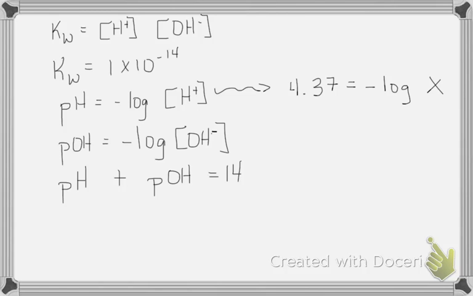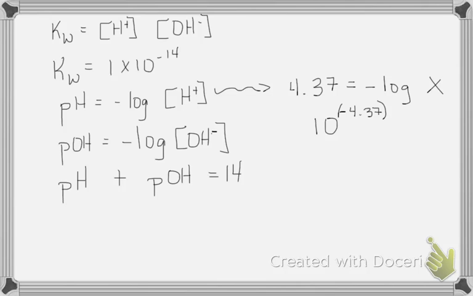And x is what I'm solving for. How do I solve for x? 10 to the x, not the e, that's the natural log. Would you take 4.37 and divide it by a negative log? Well, yes, but what does that do?